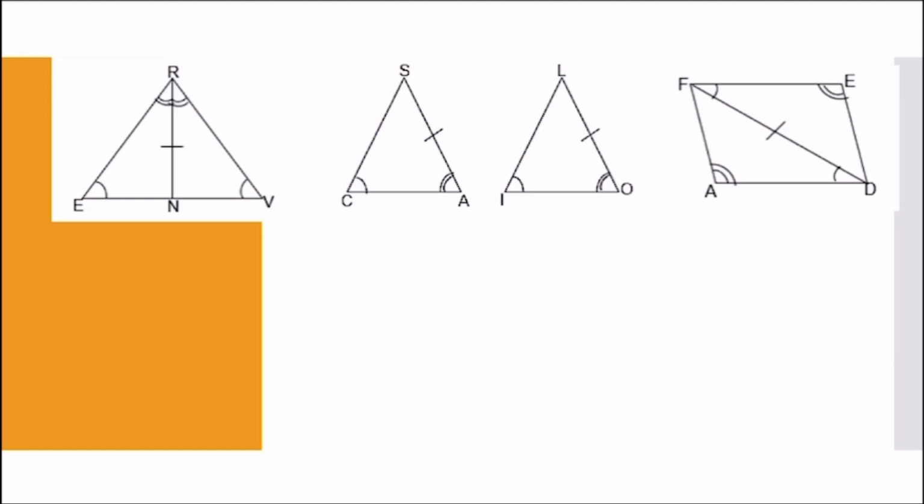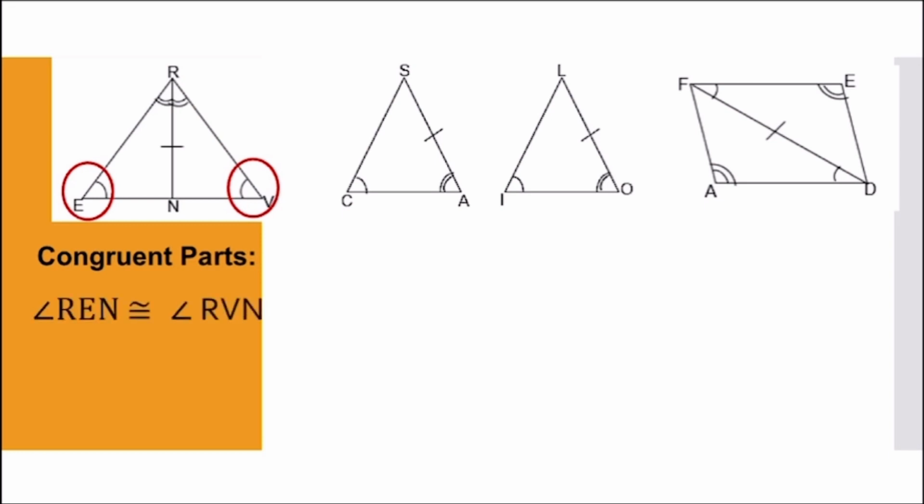For our first figure, let's identify the congruent parts. We have angle REN is congruent to angle RVN, our first pair of congruent angle.